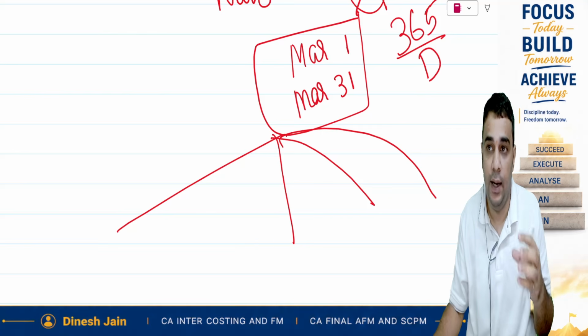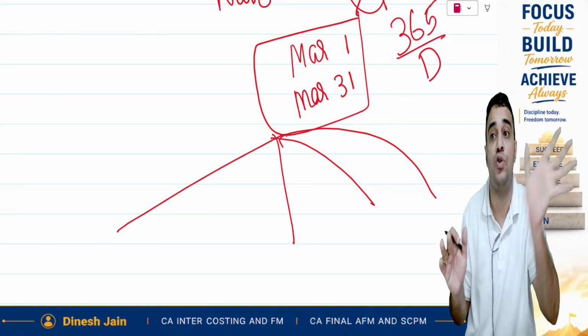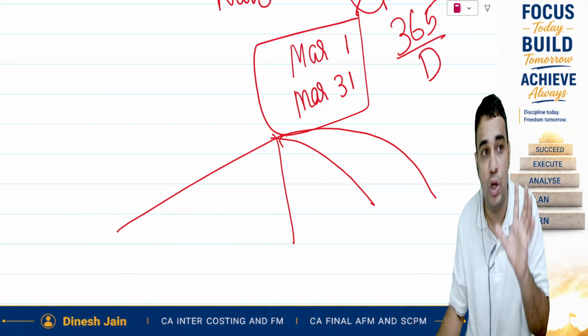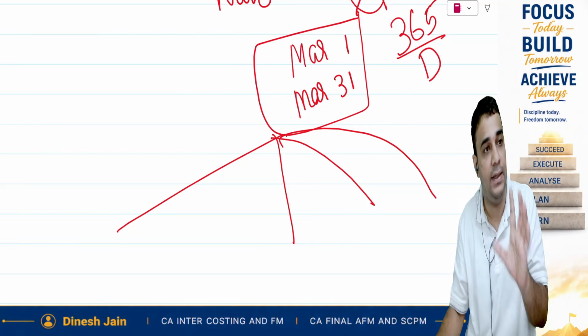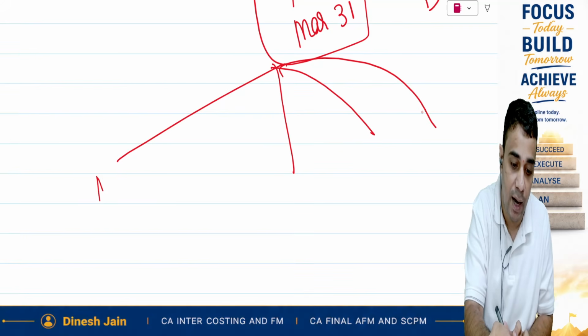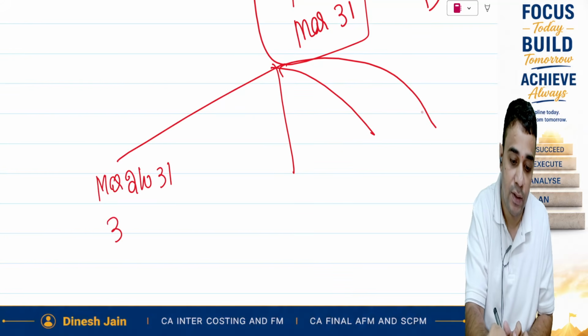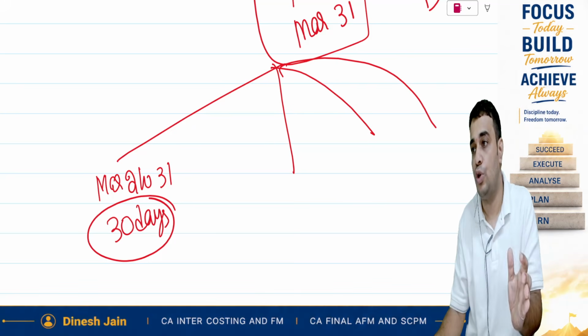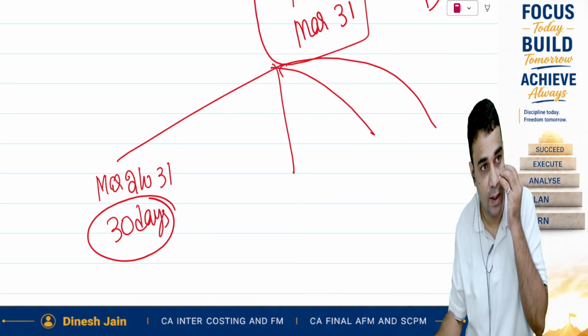So in days, March 1 should not be considered. March 1 should not be part of my days. Then it is March 2 to 31st, 30 days.